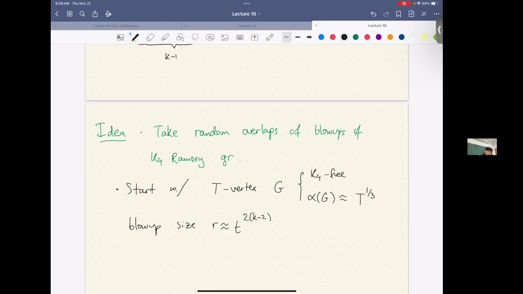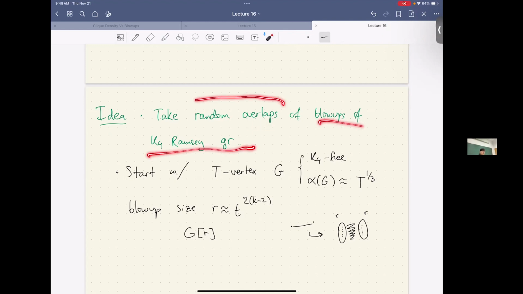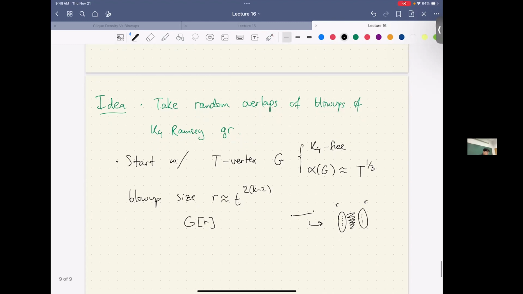Okay, so let's call this G blow up to R. This just means every vertex blows up to a size R independent set, and every edge becomes K_{R,R}. All right? You blow it up. Now, that's the first thing to do. What does this mean? Well, first of all, the property of this graph.